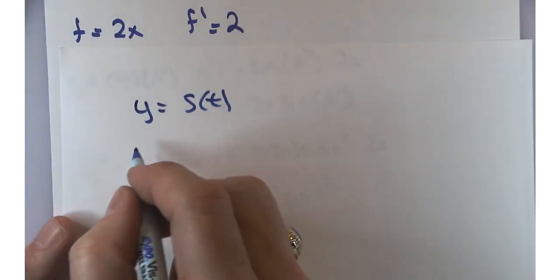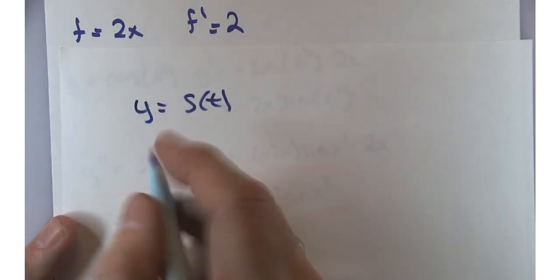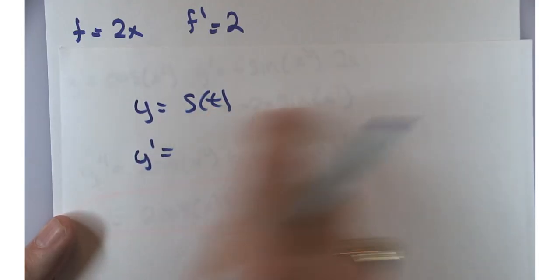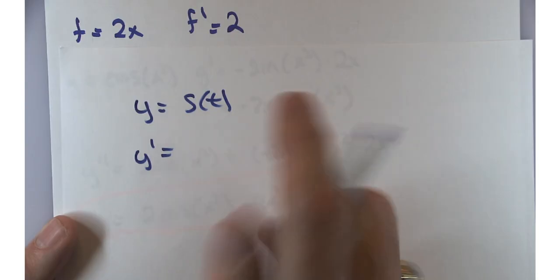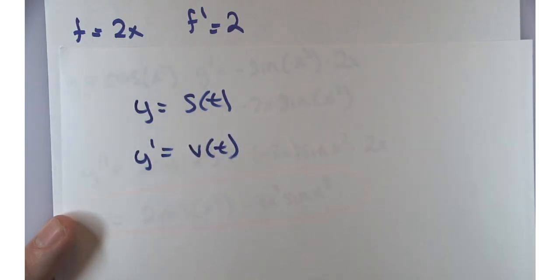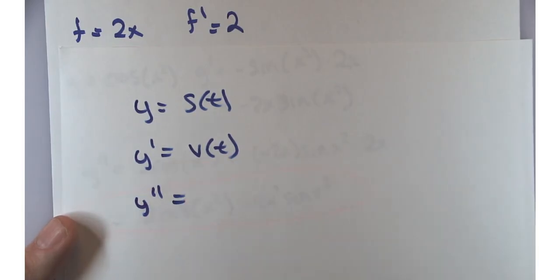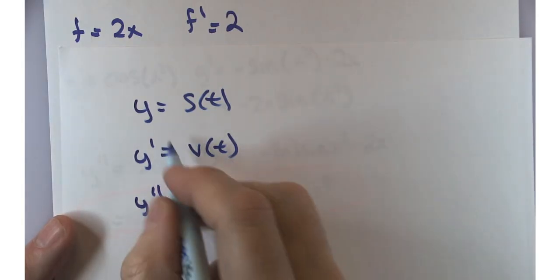And when you change your location, y prime of t, you're moving. So you have a velocity function. What happens when you change your velocity? What are you doing to change your velocity? Acceleration? Yeah, acceleration. So the second derivative of your position is acceleration.